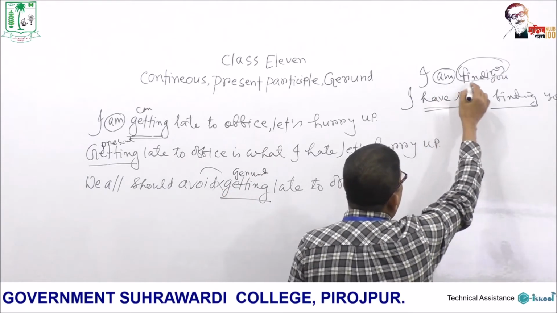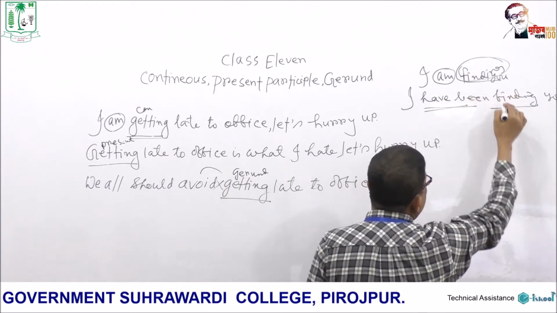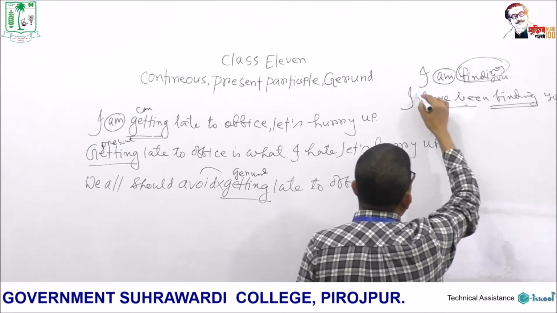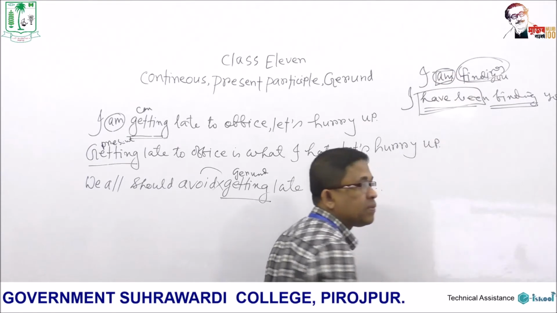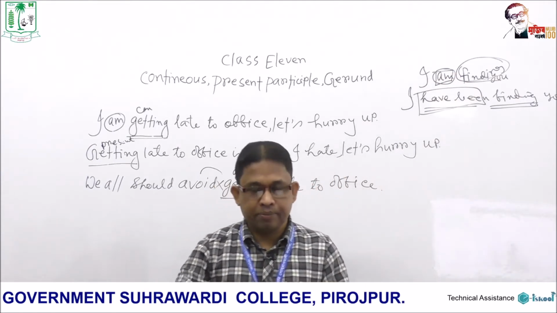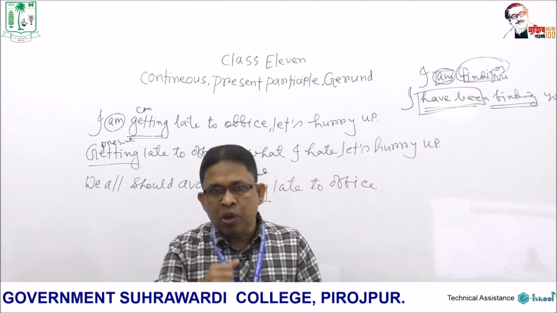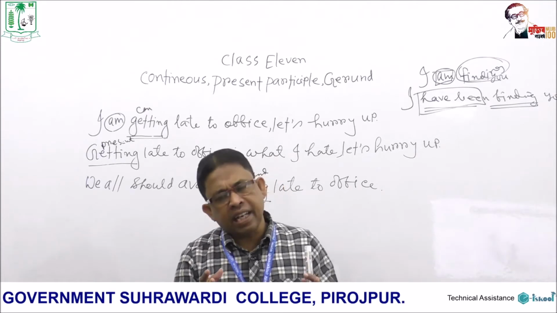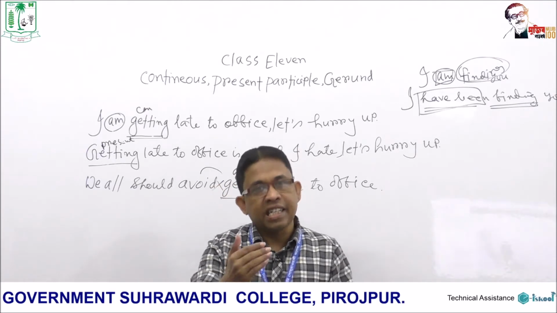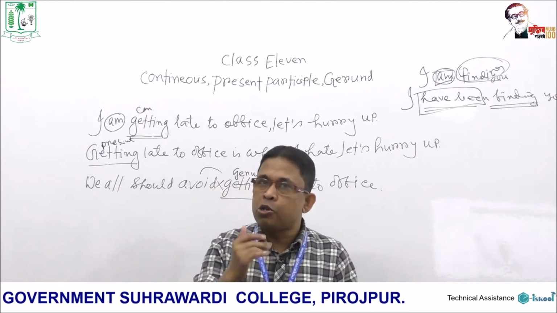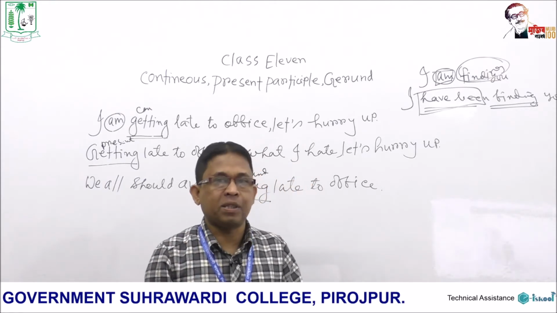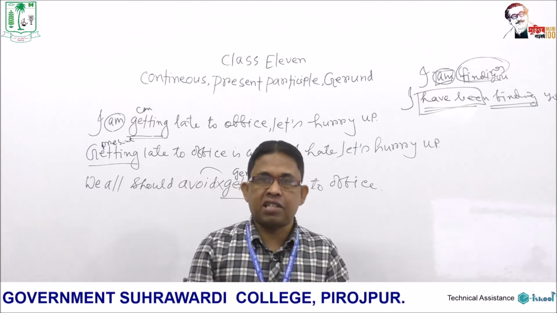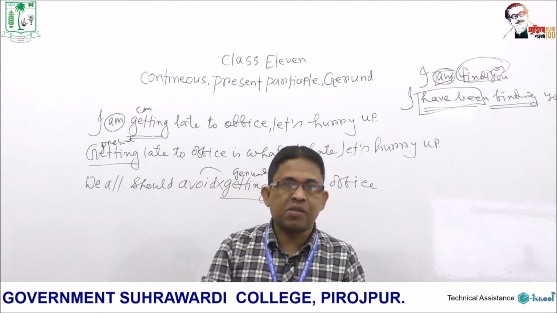So as it is continuous, we have used have been and here am, and that is why I am saying that present continuous or any continuous always takes an auxiliary verb. This is one of the ways you can differentiate a continuous form of verbs.